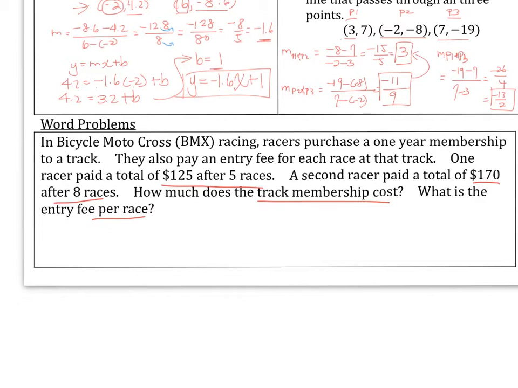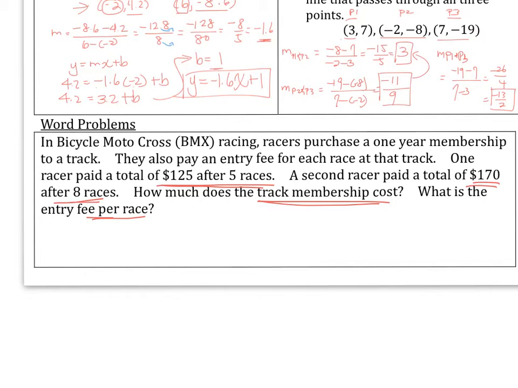Before, word problems give you the rate and the fixed costs. Now, your job right now is to find these two pieces of information, and you're given two examples here, okay? So between one racer and another racer.